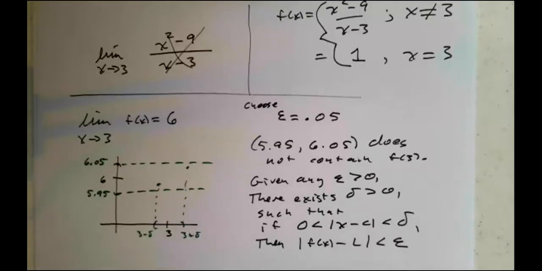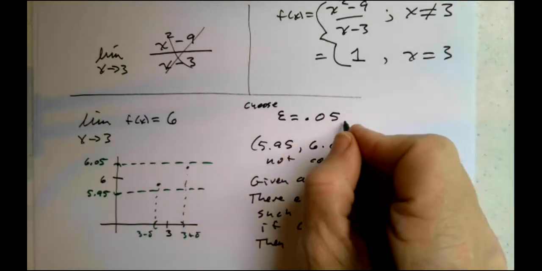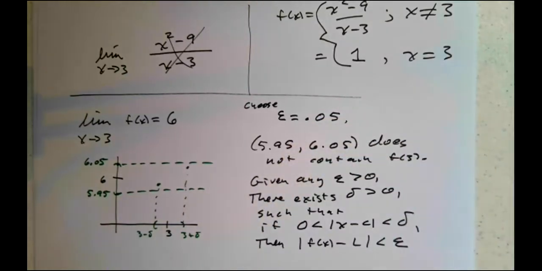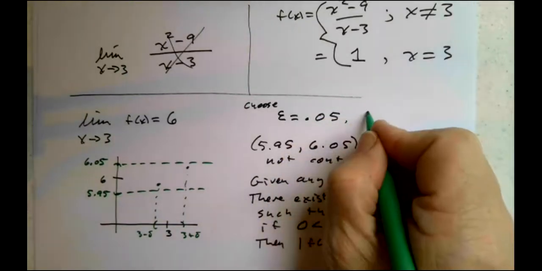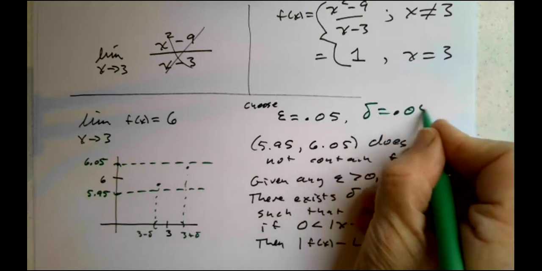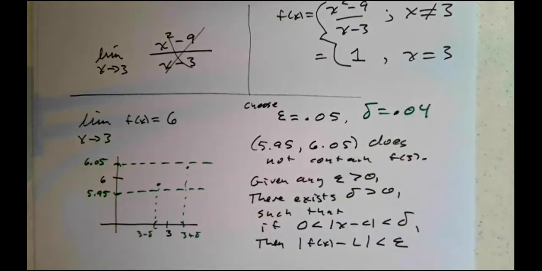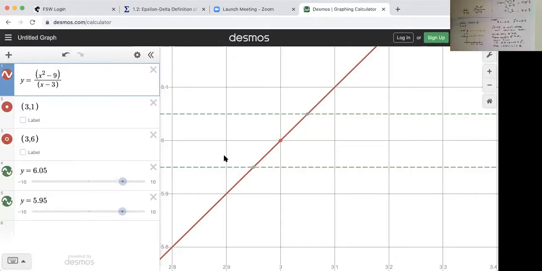So here, if epsilon equals 0.05, the delta I would have to choose is 0.04, and all of the numbers in that interval now, from 2.96, notice its function value is in that ribbon, to 3.04, its function value is in that ribbon.